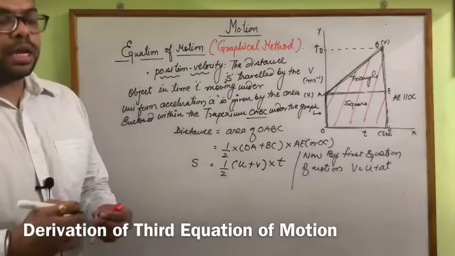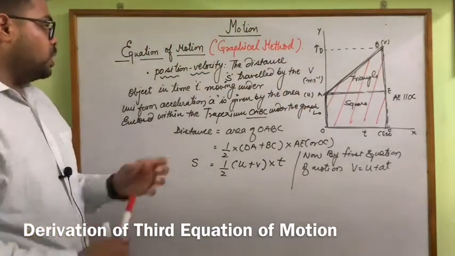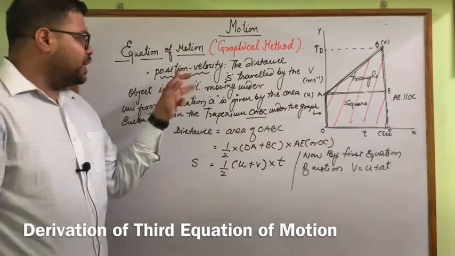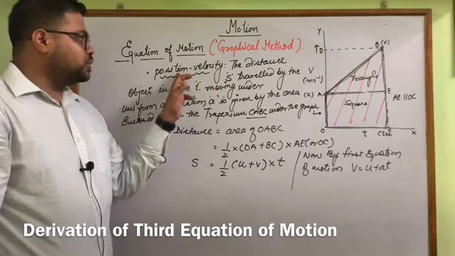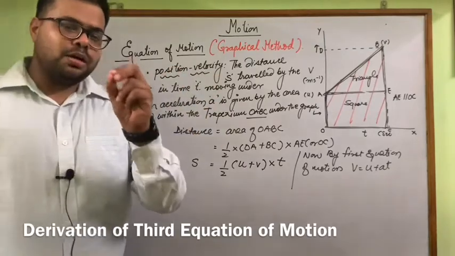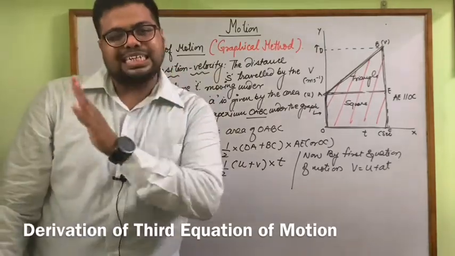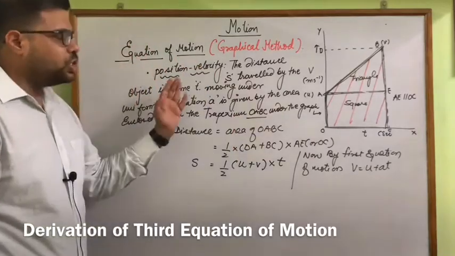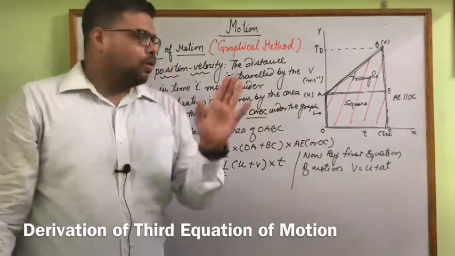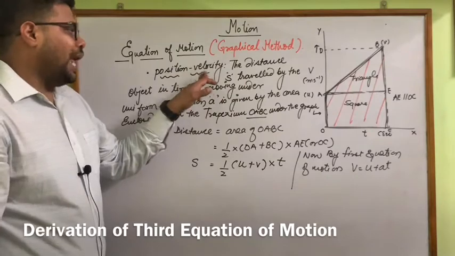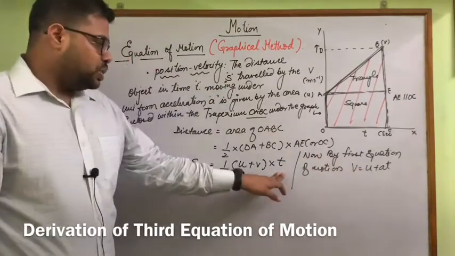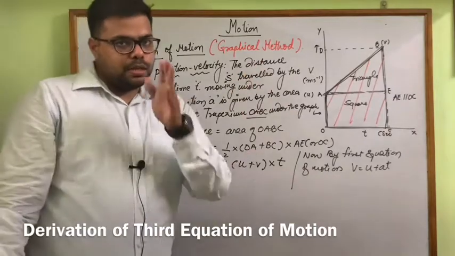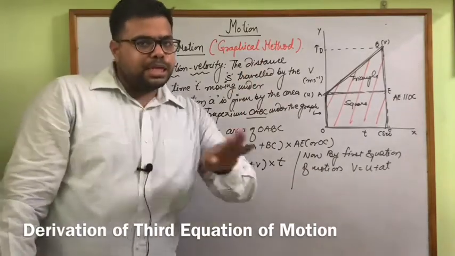Now, very important: because we are going to derive the relation between position and velocity, we have to remove the word time, because this relation is dedicated only to position and velocity. Time is not needed, but in our equation time is there, so we are going to eliminate T.